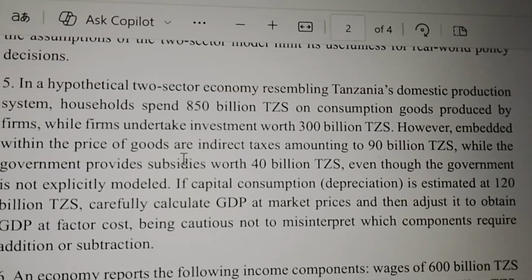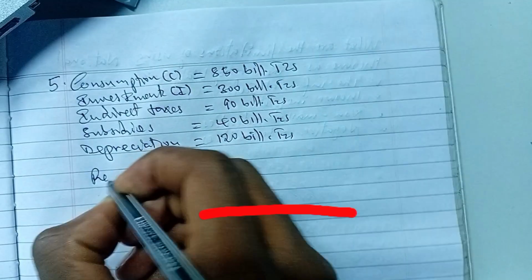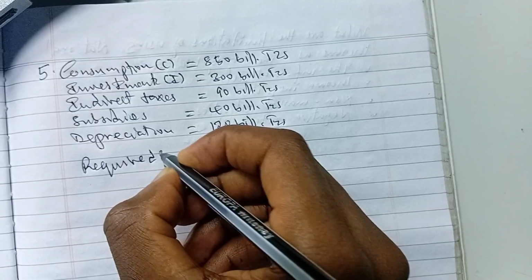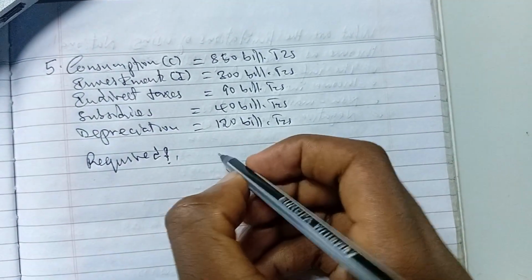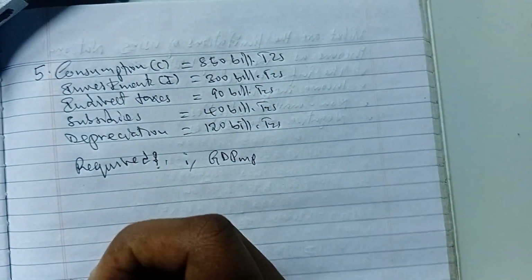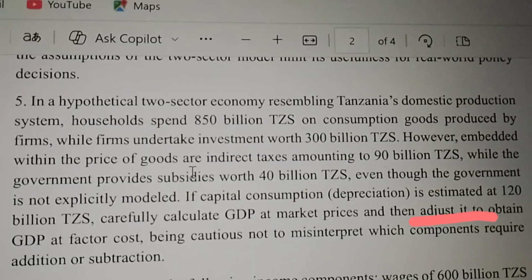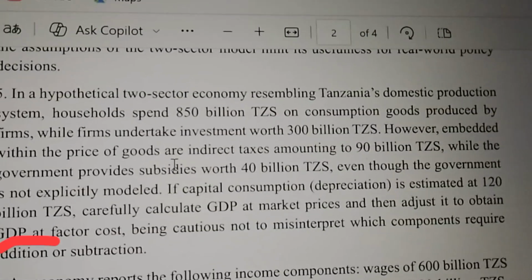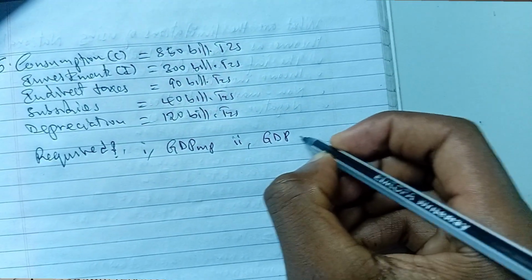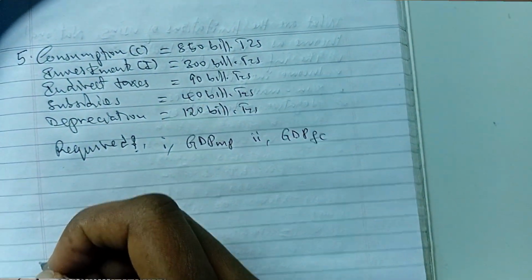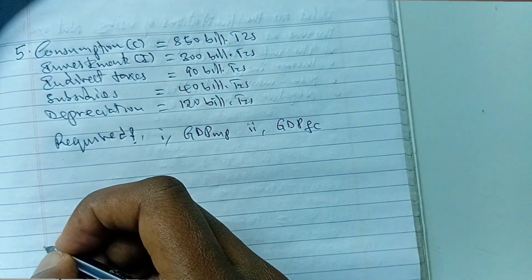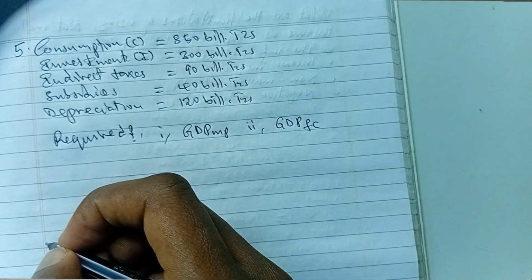Carefully calculate GDP at market price. So what we are required to calculate: Roman 1, GDP at market price, gross domestic product at market price, and then you adjust to obtain Roman 2, gross domestic product at factor cost, being cautious not to misinterpret which components require addition or subtraction.